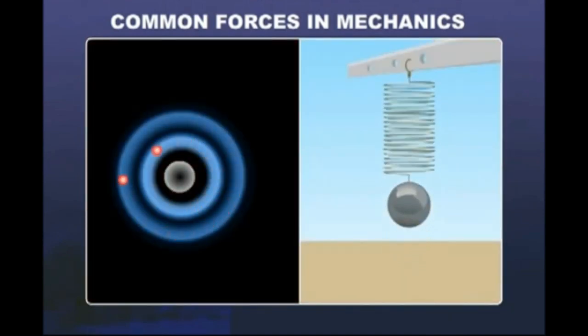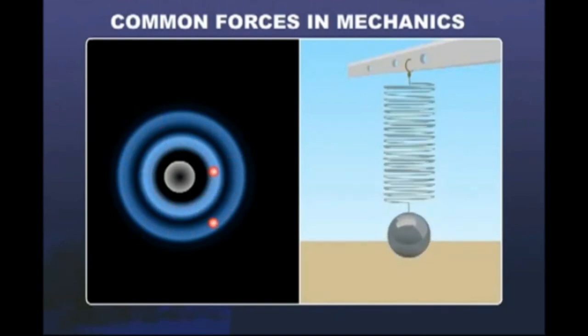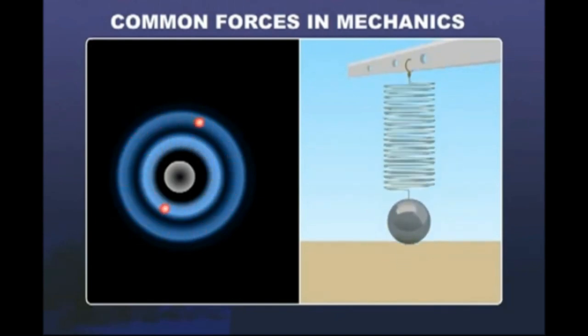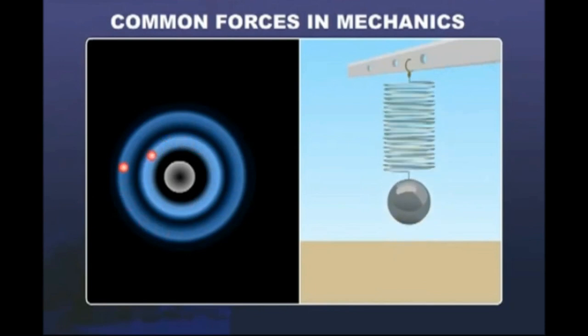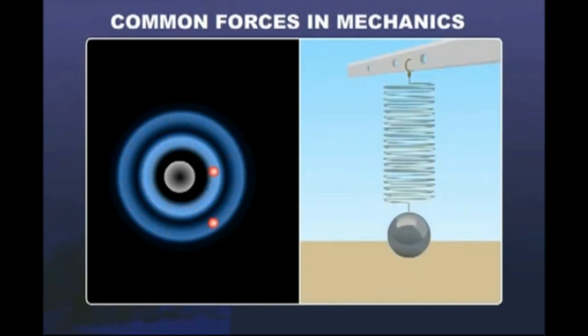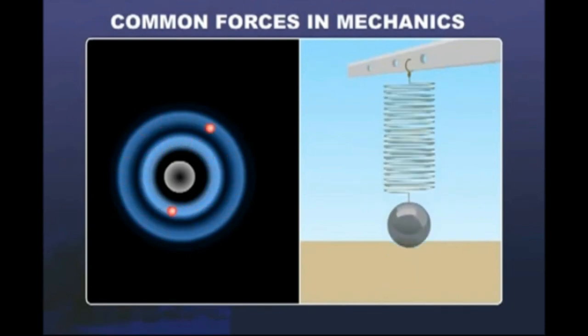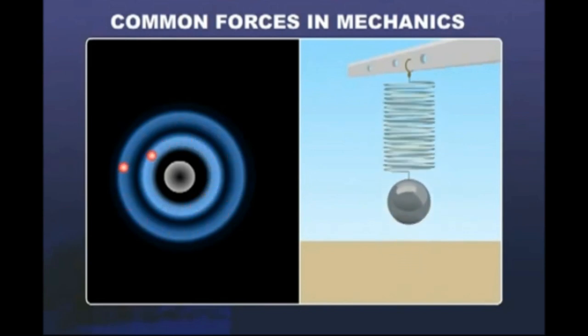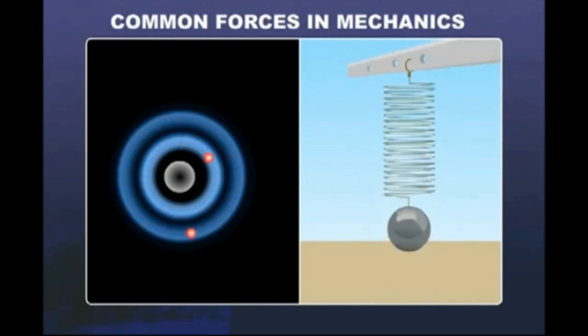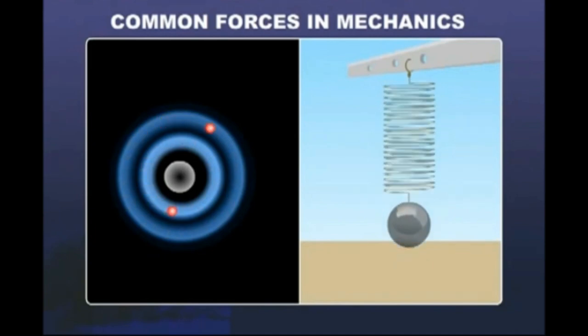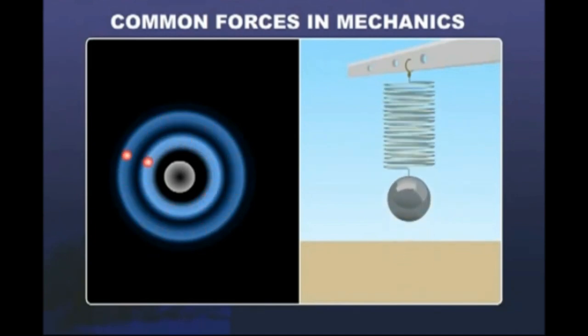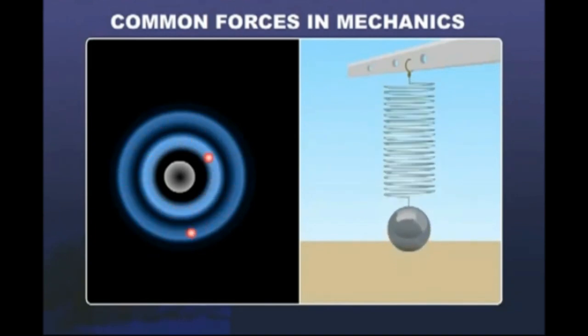The detailed microscopic origin of these forces, however, is complex and not useful for handling problems in mechanics. This is why they are treated as different types of forces with their characteristic properties, which are determined empirically.